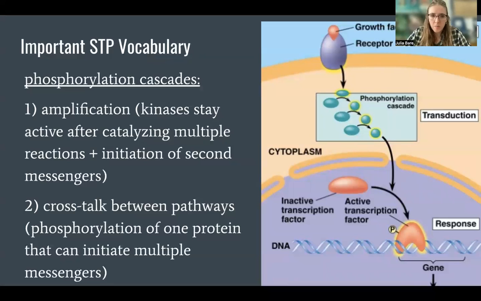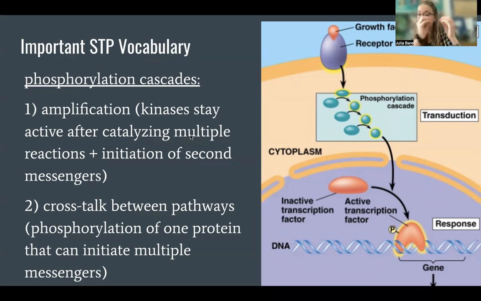Additionally, we want to talk about something called a phosphorylation cascade. So a phosphorylation cascade functions in two main ways. Again, amplification is a big one. You want to be able to amplify a signal with a very, very small concentration of your ligand, right? So amplification is a big one. In this case, the kinases are going to stay active after catalyzing multiple reactions.